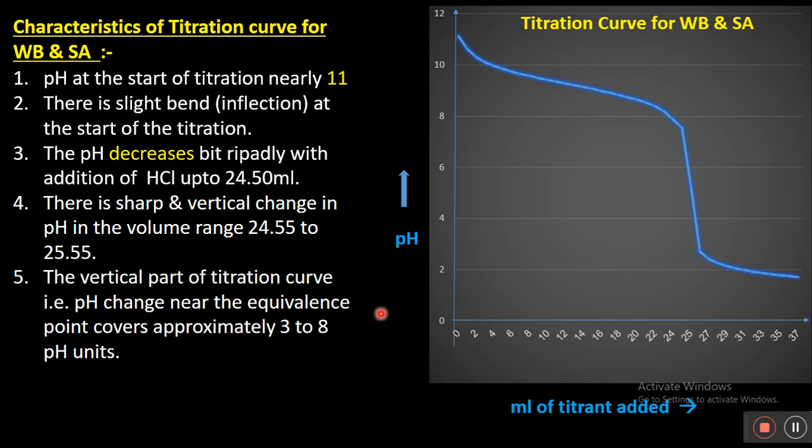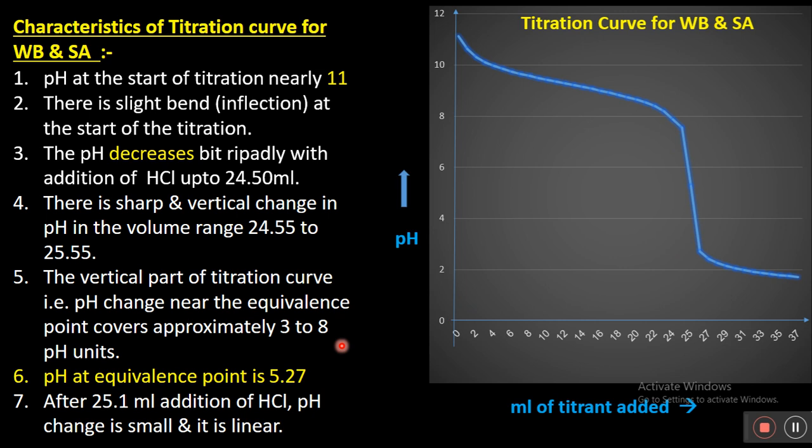Fifth point, the vertical part of the titration curve, that is the pH change near the equivalence point, covers approximately 3 to 8 pH units. Now pH at the equivalence point is 5.27.